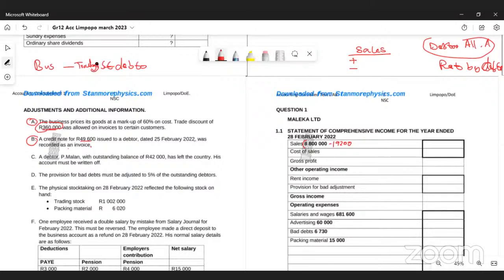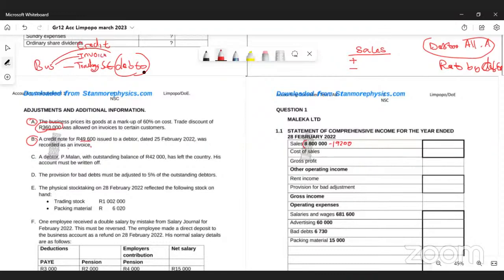In order for us to sell a trading stock to a debtor, that means that trading stock has been sold on credit. So it's accompanied by an invoice. Whenever we are selling anything on credit, the business will issue out an invoice. I hope you still remember that.